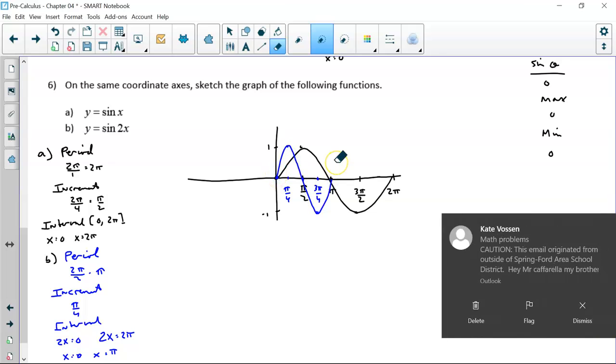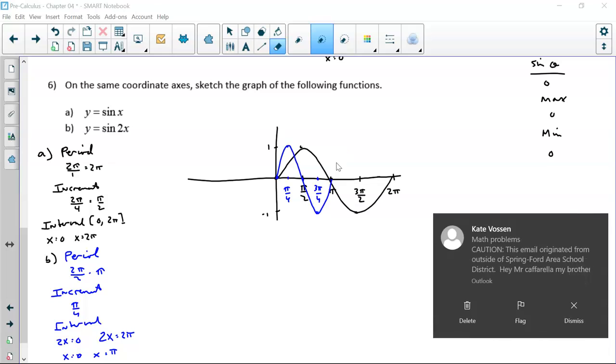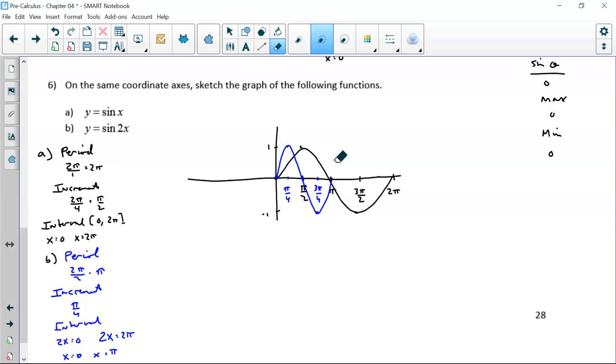Do you see that horizontal compression? We squeezed everything in. And we can deal with that by following the rules we just talked about, by finding the period, interval, and increment.